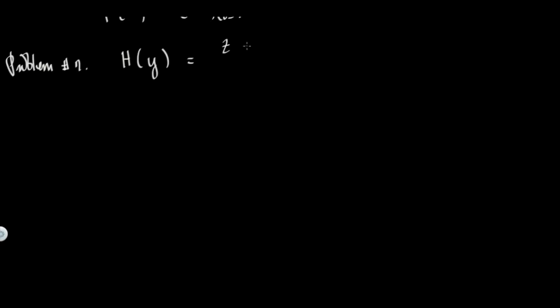Z na lang, Z. Z minus Z square all over 1 plus Z square. Okay? We find, say, h of tangent, gamitin natin. Tangent x na lang, no? Tangent x. Pwede yan.